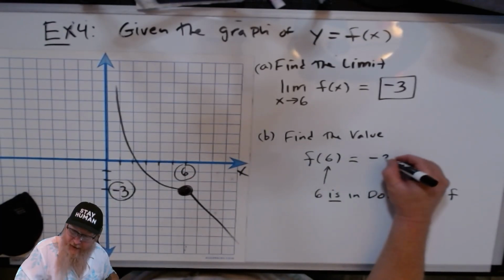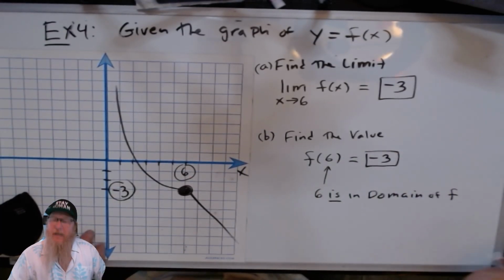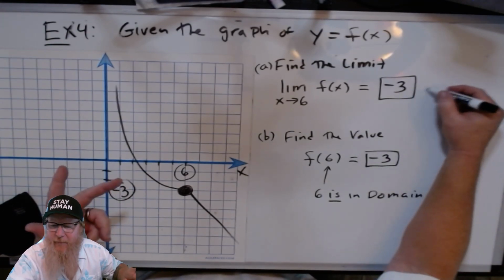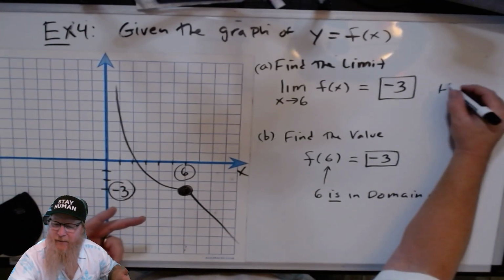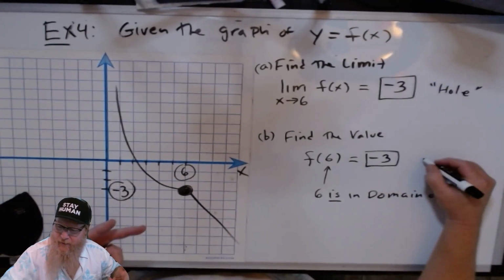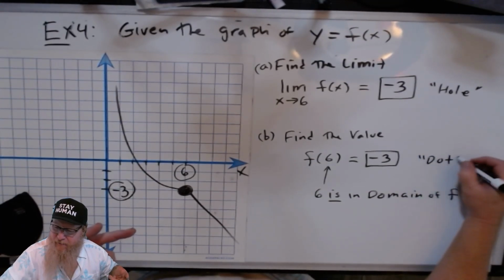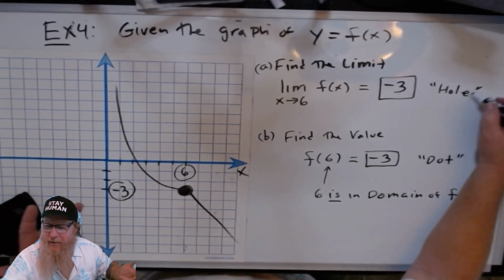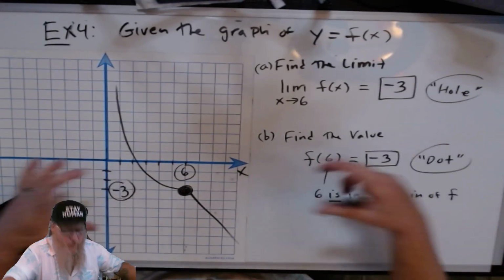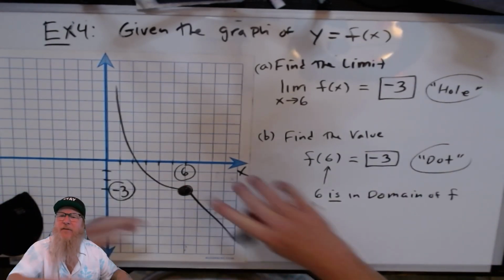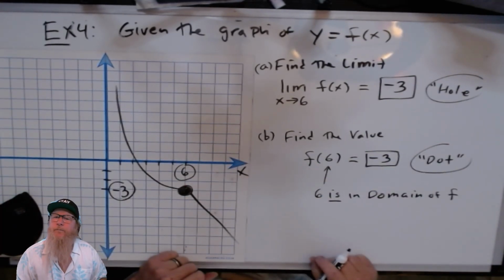And so the y value is -3. Yeah. So you can think about it like the limit is the hole, and the value is the dot, and the hole and the dot correspond with each other, and so you don't even notice that there's a hole there.